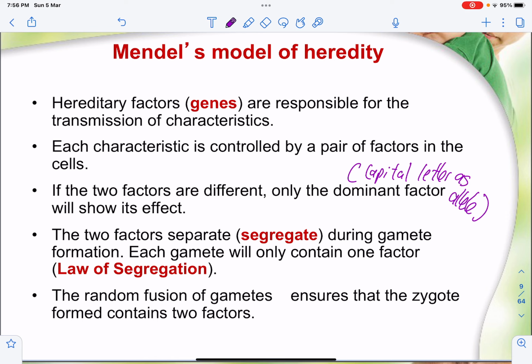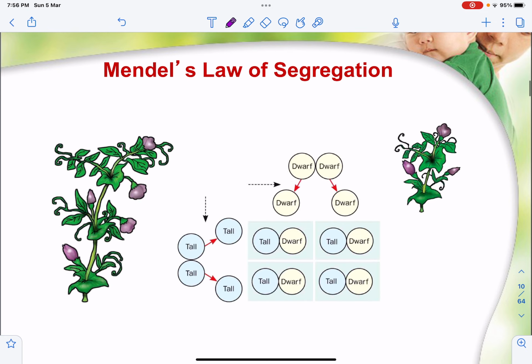Okay, this one varies from question to question. So the two factors segregate during gamete formation, and each gamete will only contain one factor, which is the law of segregation. The random fusion of gametes will help to ensure that the zygote will contain two factors.